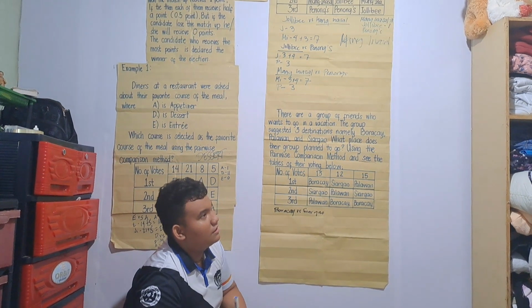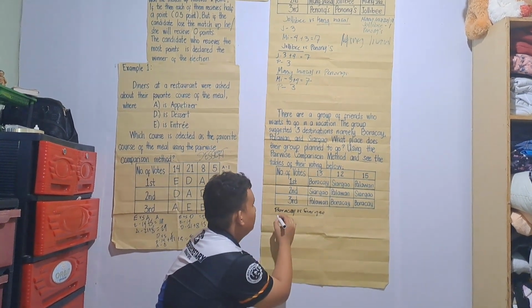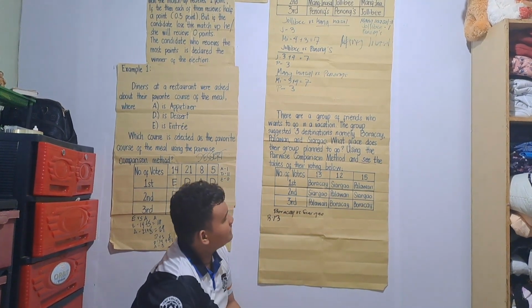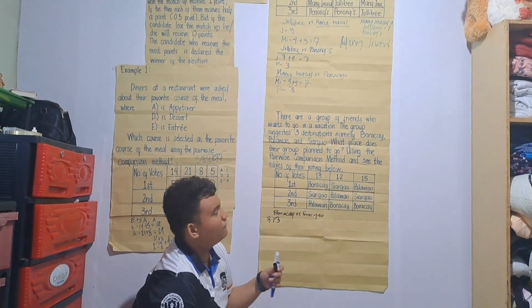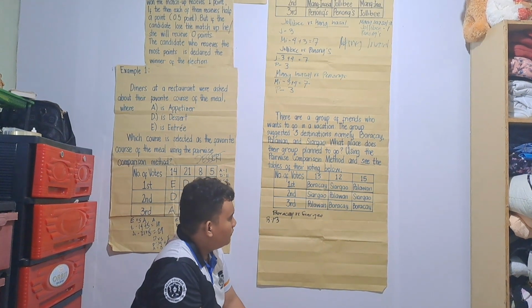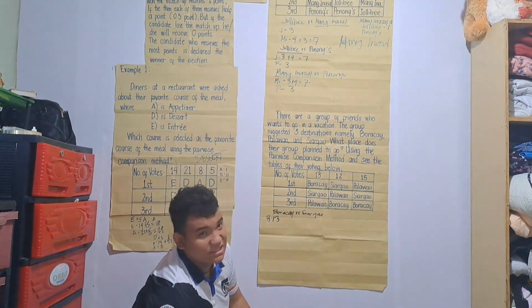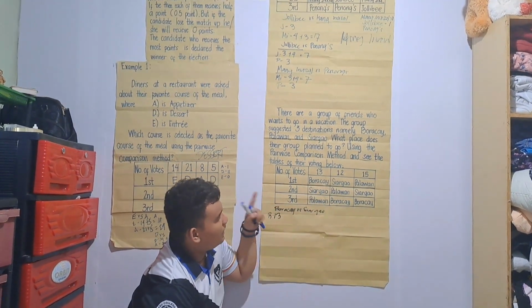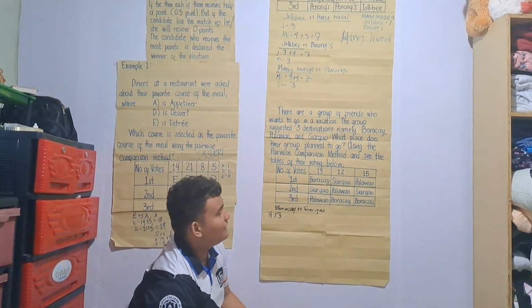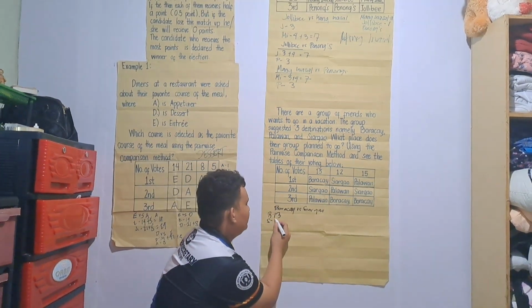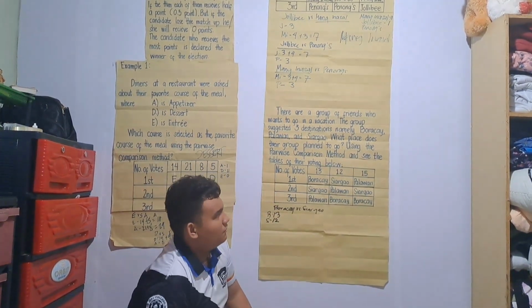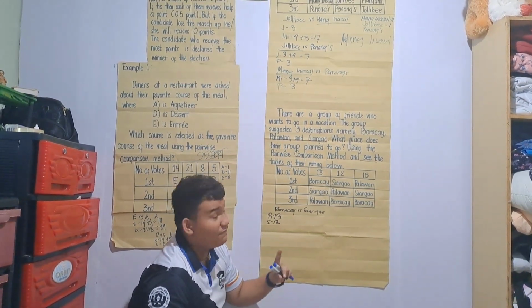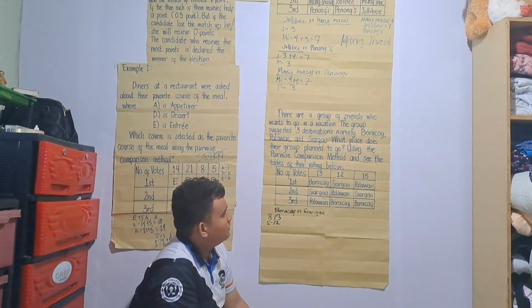Boracay has 13 votes. Then in the second column that has 12 voters, they chose Siargao over Boracay. So the 12 voters want to go to Siargao.